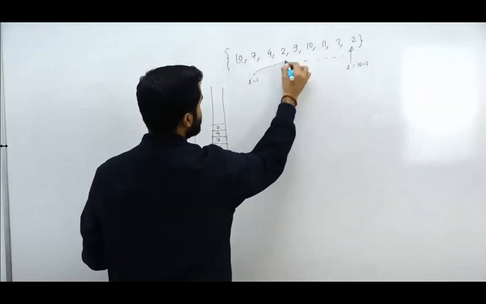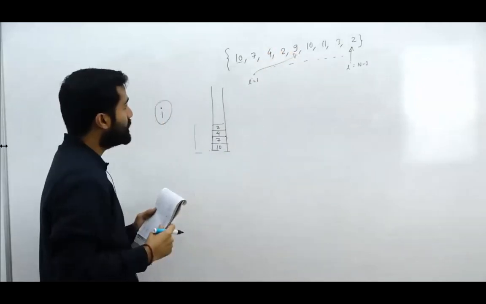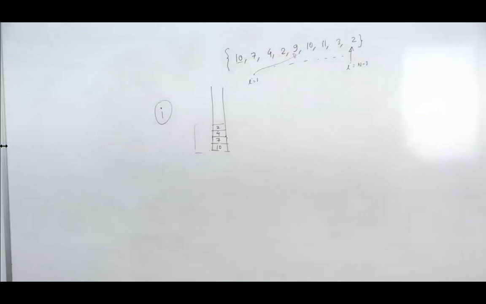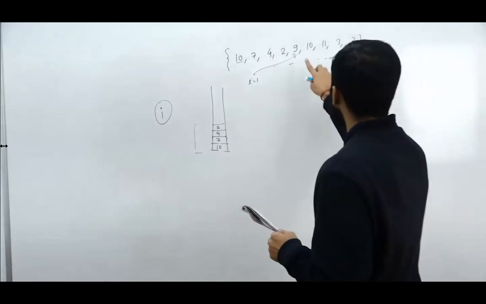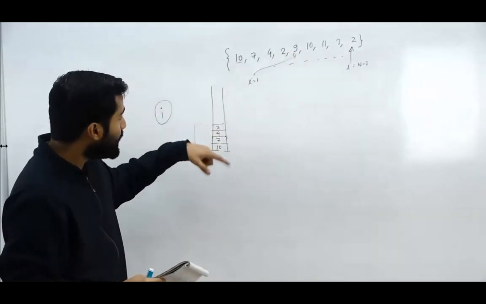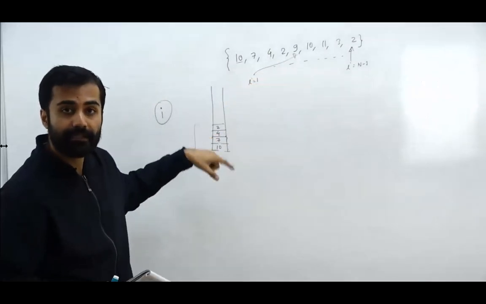Now you move on to the next element, which is 9. What will you do now? You compare this 9 with the top and you realize it is greater than the top. So what to do? Then your eyes should glow, because you should feel that now I have got the thing which is next greater for 2, but it might be next greater for many other elements also.